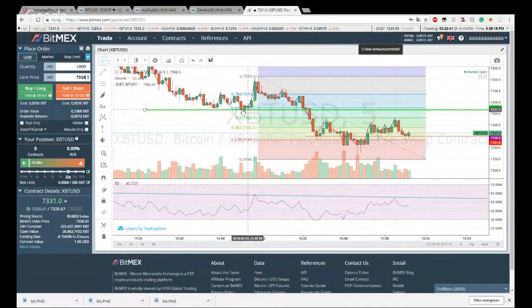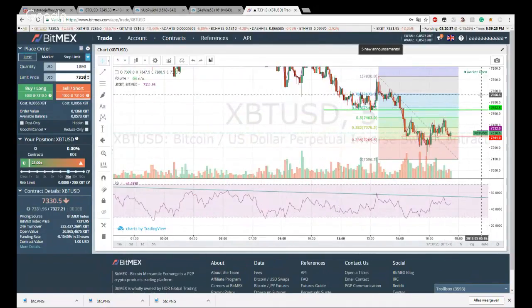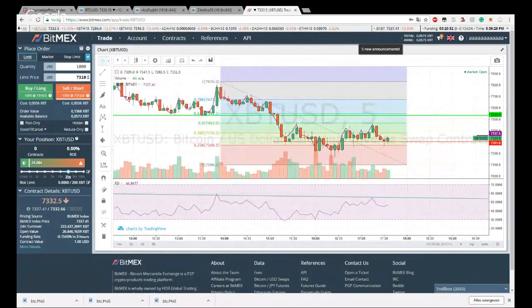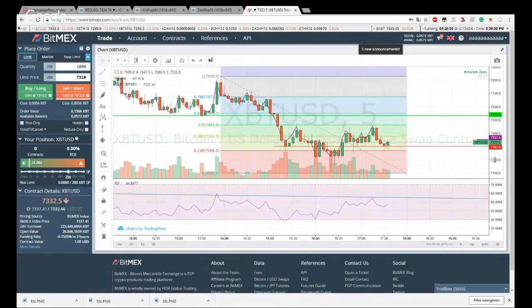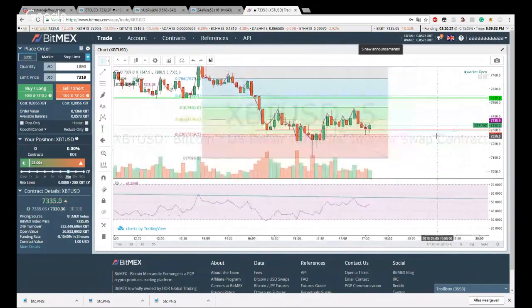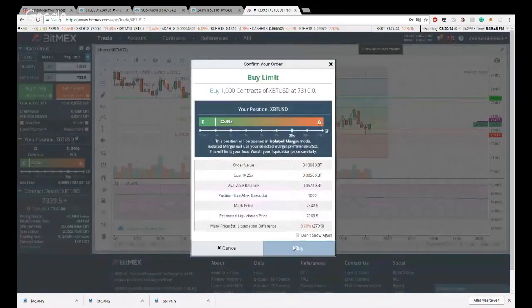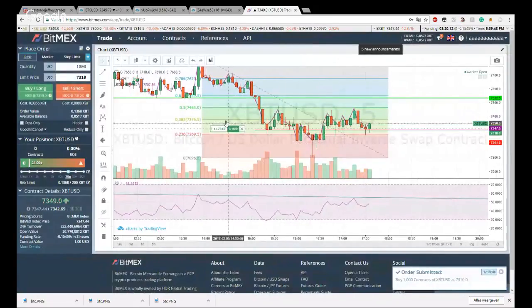Usually the price revisits the 618 on moves like this, so wouldn't be surprised. Yeah, I believe it's going to do just that.